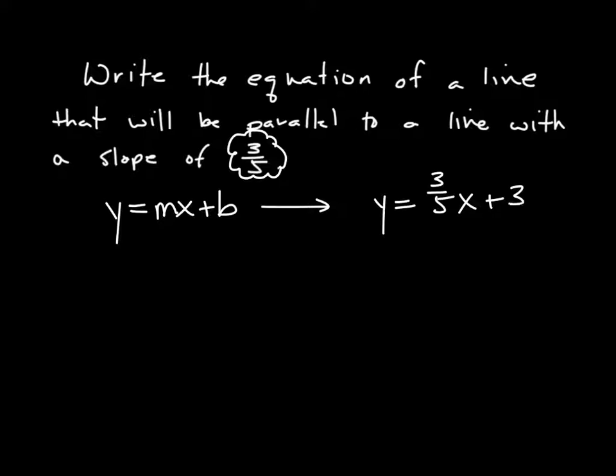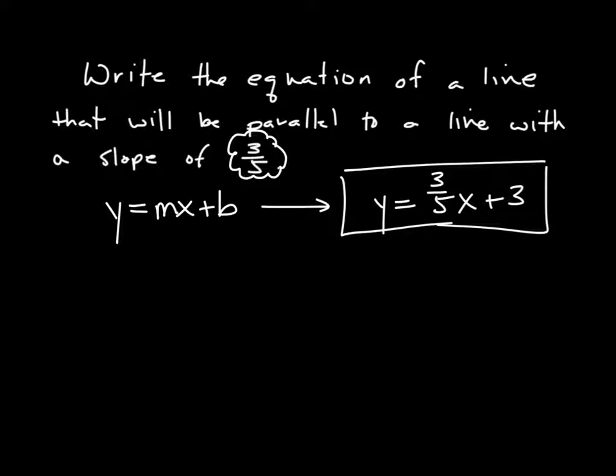I can put +3, I can put -5, whatever I want. There are no other limitations, and we'll talk about that in a minute. The only reason I mention this again is to drill home that your slope is going to have to be identical here. So 3/5 is where I place it.